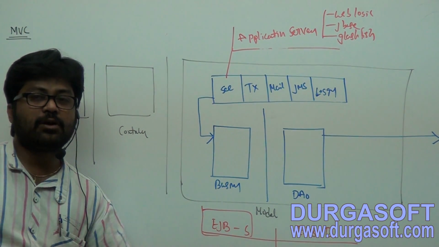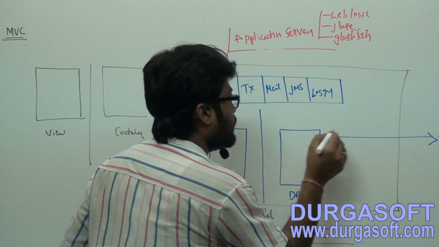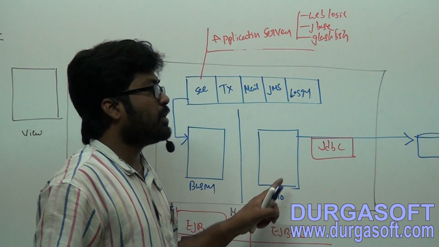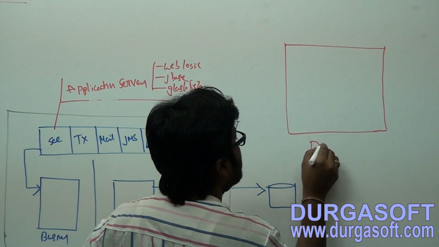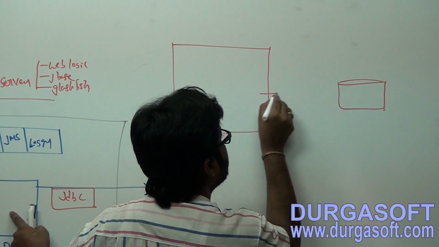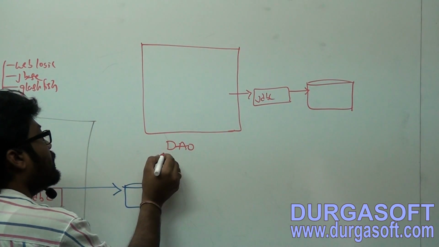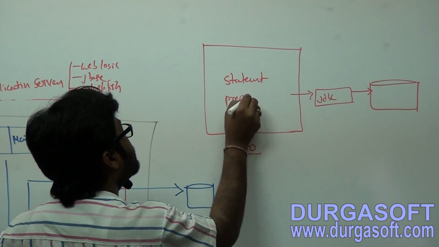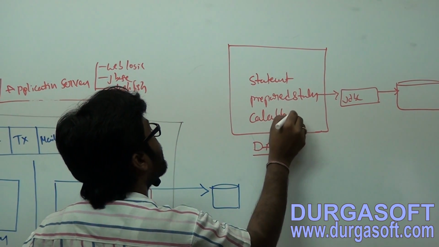Why EJB entity beans? Why not JDBC? The main disadvantage of JDBC is this: to interact with the database through JDBC, in your DAO class we have to use Statement, PreparedStatement or CallableStatement.